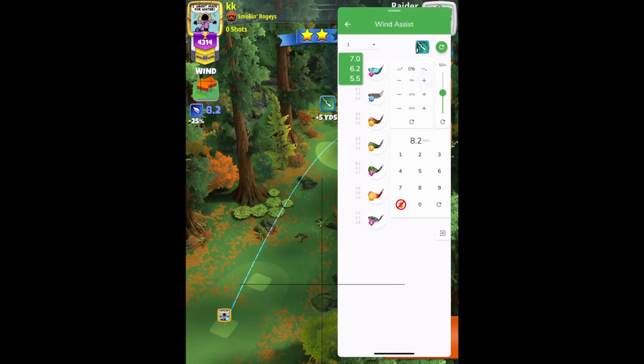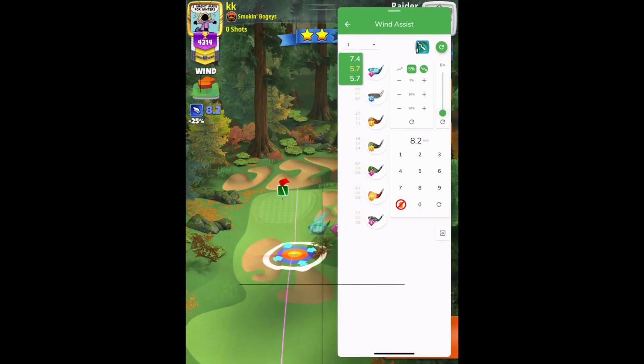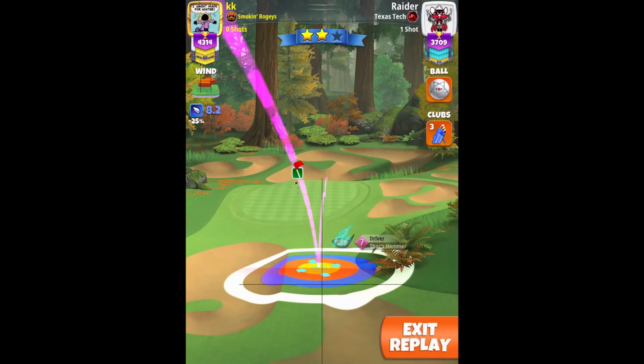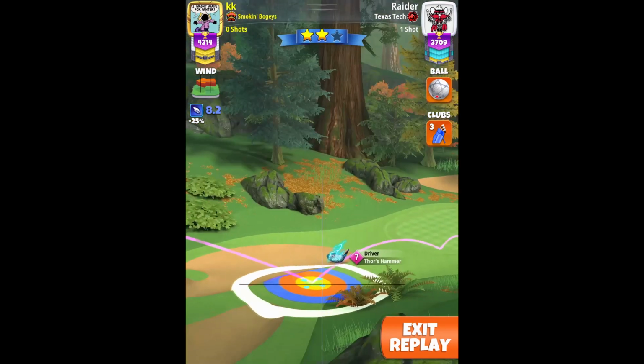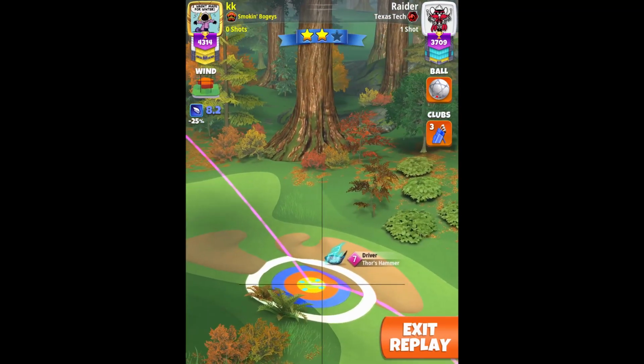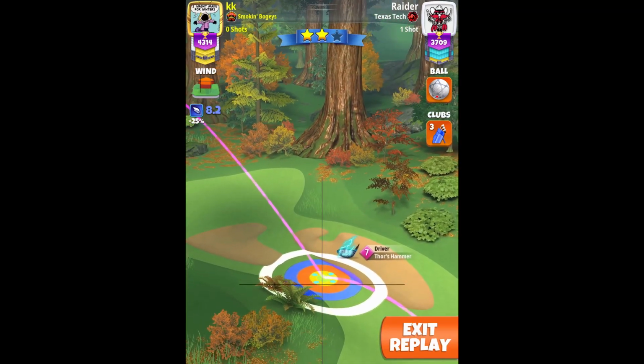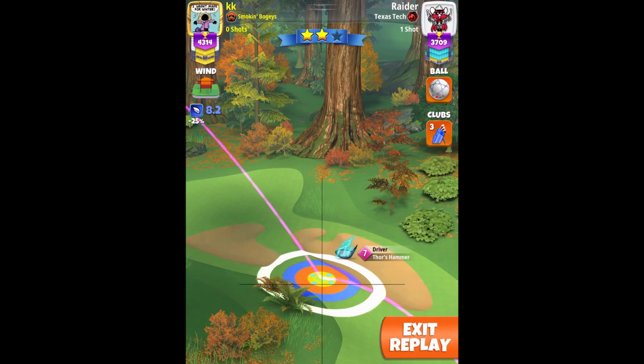Here's a right to left head crosswind, and I'm going to set up at the min driver position again with one left spin and about 6 and a click of backspin. And because this is more right to left, I'm going to adjust plus 5% minimum.